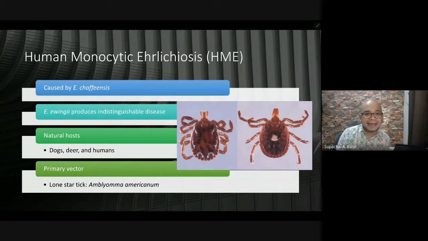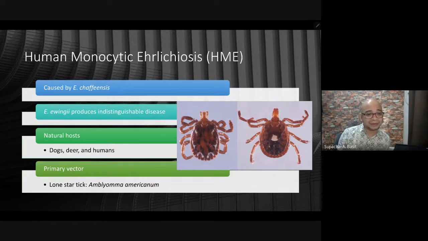Ehrlichia causes the disease known as human monocytic ehrlichiosis, HME. This one is caused by Ehrlichia chaffeensis, though we also have Ehrlichia ewingii. Ehrlichia chaffeensis and ewingii produce indistinguishable disease.